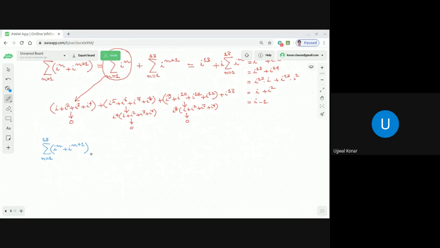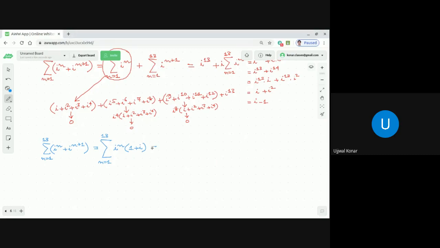Let us focus on what is inside that summation. Inside the summation we can take i^n common. Then we get 1 plus i, with n equal to 1 to 13. And dear students, whatever is there, 1 plus i, it is independent of n now. So we can take it outside of the summation.